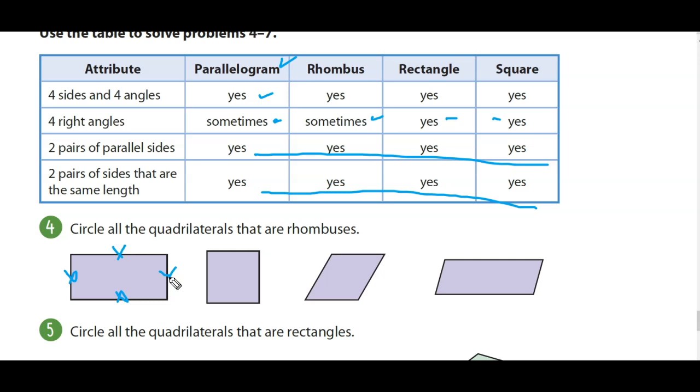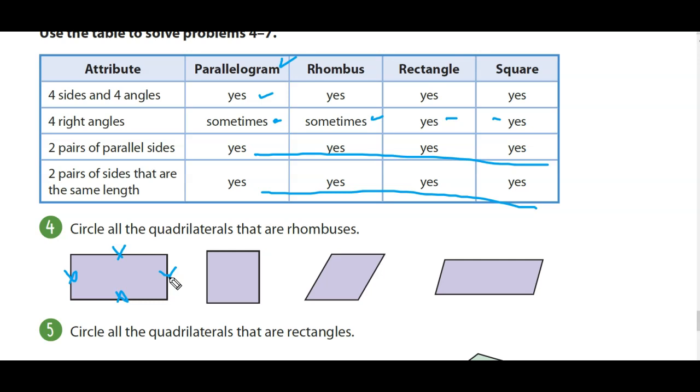Number 4 says circle the quadrilaterals that are rhombuses. So here's a rhombus. It has four sides and four angles, yes, and sometimes it has four right angles. And it says yes, yes, yes on these.